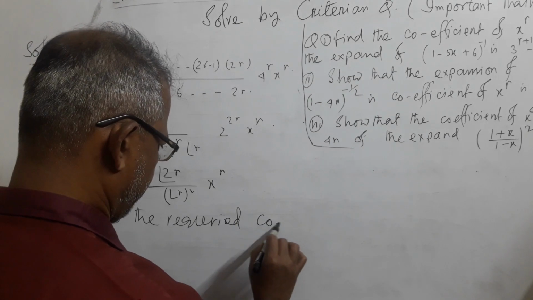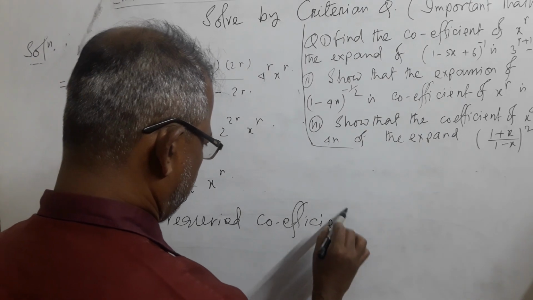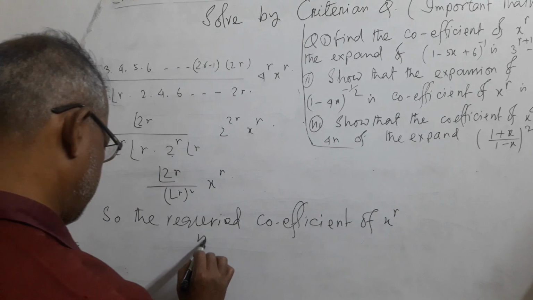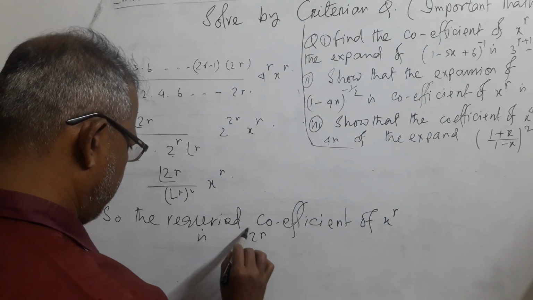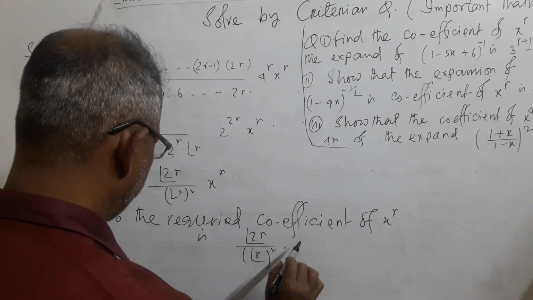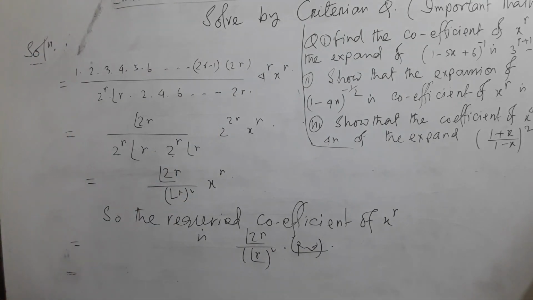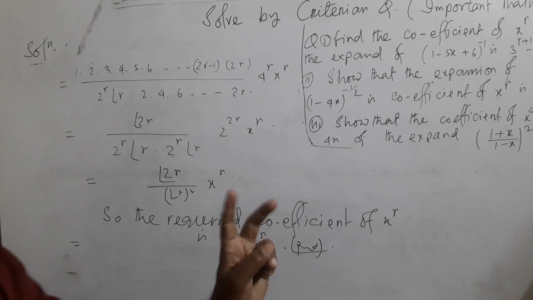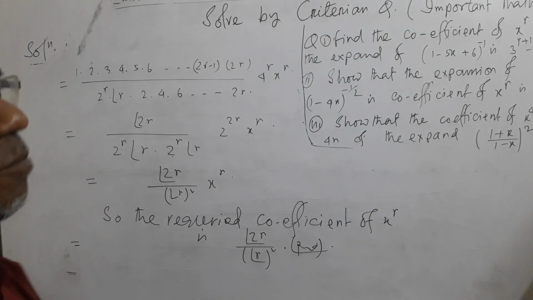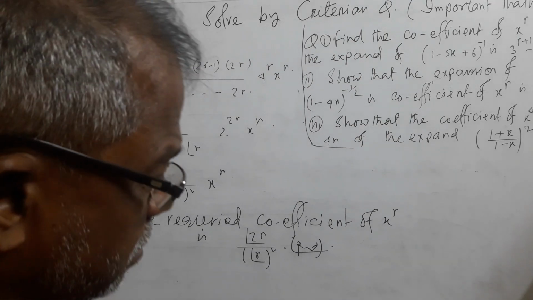So the required coefficient of x to the power r is factorial 2r divided by (factorial r) whole square. So it is proved. It is easy, but not so easy; if we practice deeply, then obviously this process will be clear. Well, thank you and thanks everybody.